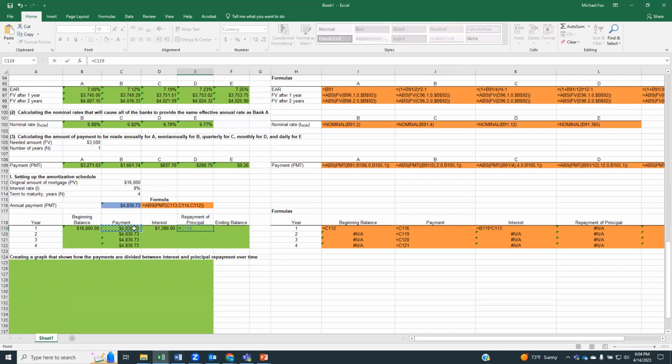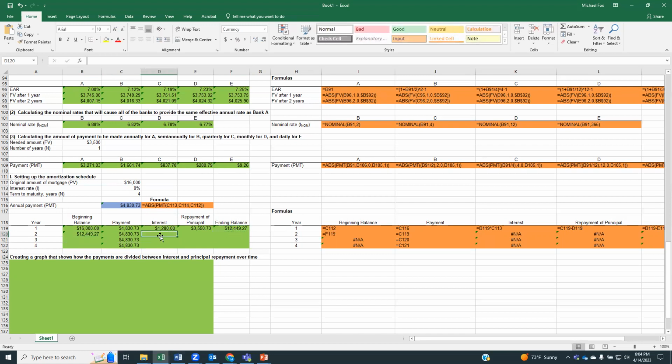So it's going to be payment minus interest is going to be the repayment of principal. And then our ending balance will be our beginning balance minus the amount of principal we paid off. Our beginning balance for the next year, is this going to be the same as our ending balance for the first year?